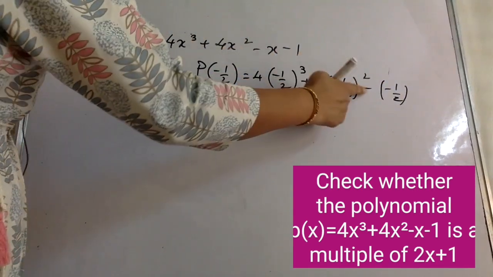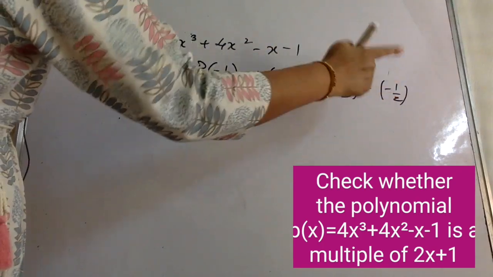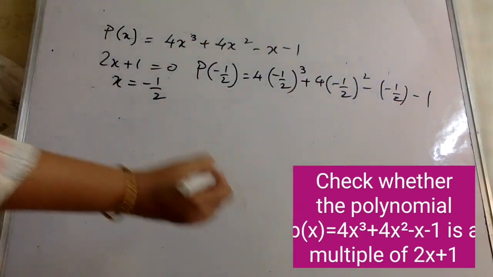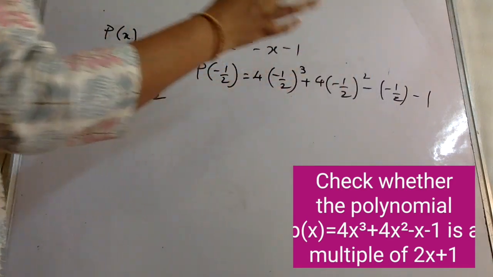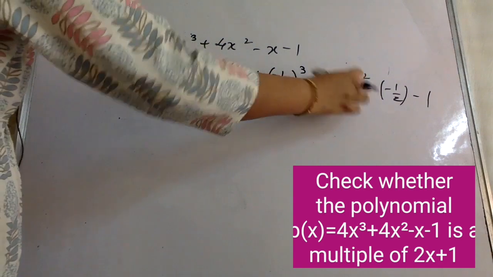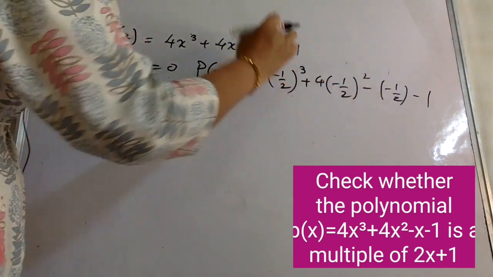See, this minus, I have copied another minus from the value of x, minus 1. These are the places you tend to go wrong. You write one minus and you leave out the other. This minus is coming from the sum, this minus is from the value of x.